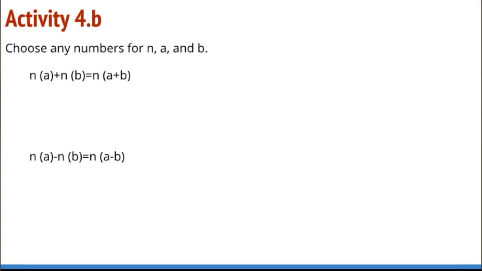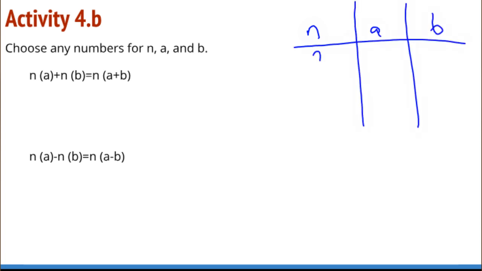All right, and we're looking at this in a general form, and we're going to choose any numbers that we would like for n, a, and b. So for n, a, b, we'll pick a 2 for n, and for a we'll pick a 3, and for b we'll pick a 4. So I've got 2 times 3 plus 2 times 4.